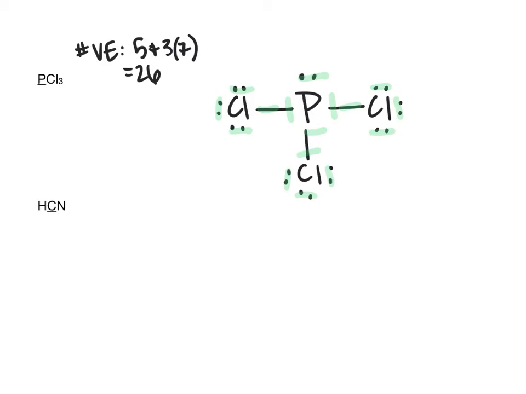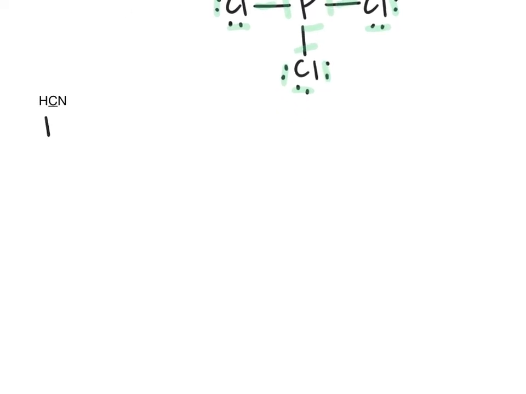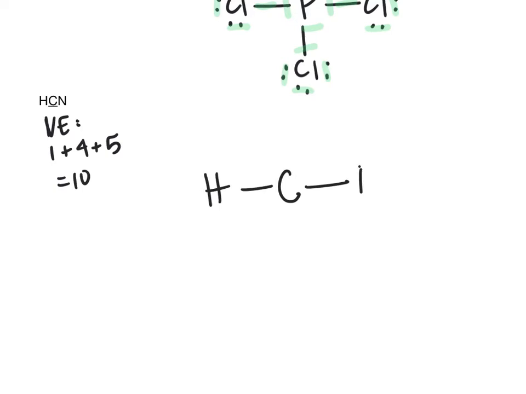So let's look at HCN. Our valence electrons are 1 plus 4 plus 5, which gives us 10. Carbon is our central atom, so we're going to plop it in the middle and connect to everybody else. So we're going to follow our directions.